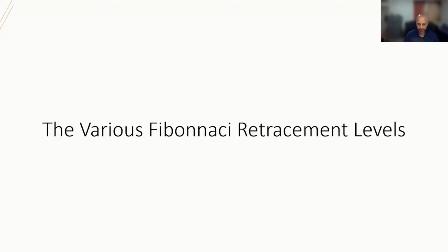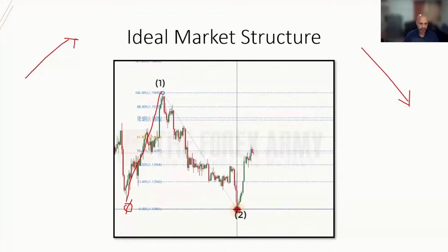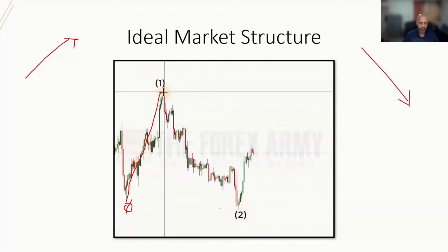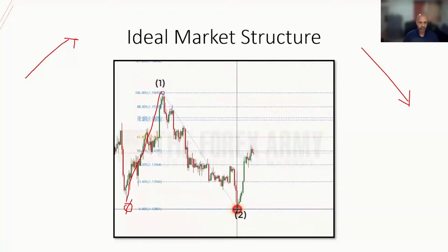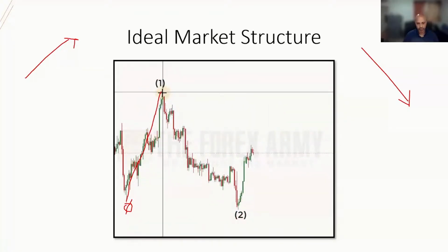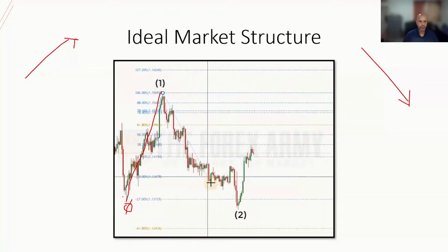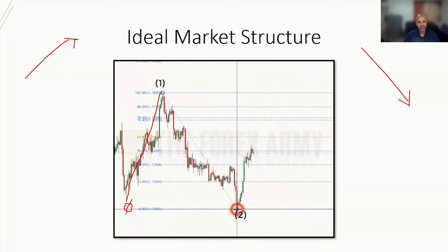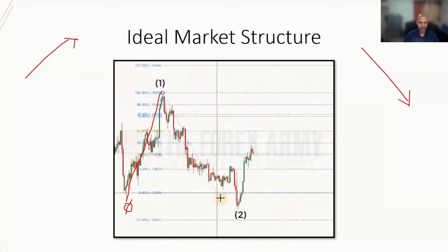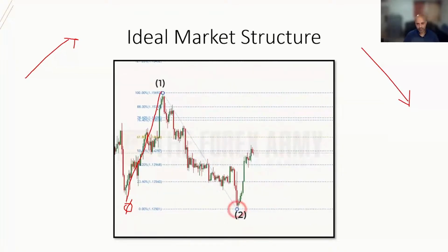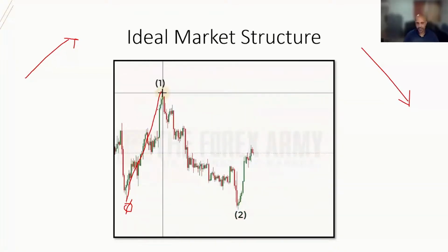We have to identify significant swing lows here. You can see point 0 is a significant swing low, point 1 is a significant swing high, and point 2 is another significant swing low. And similarly, when we choose the most ideal starting and end points, the blue trend line is very likely going to capture the market structure very closely, right? So do take note of that.